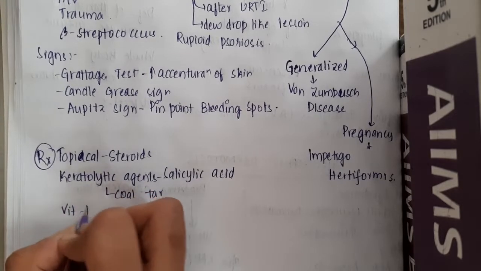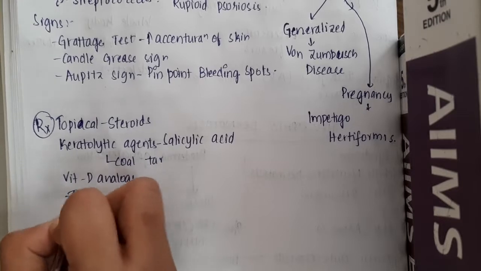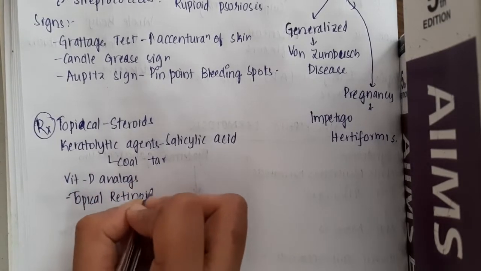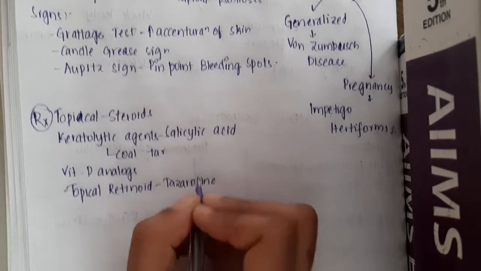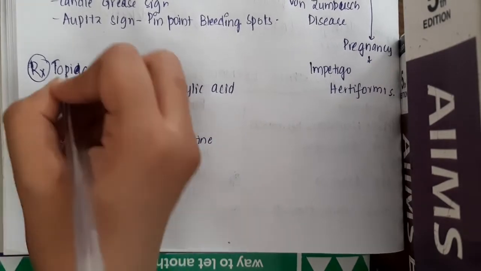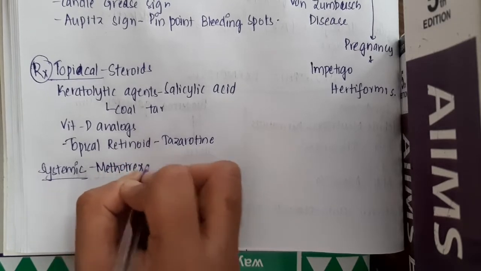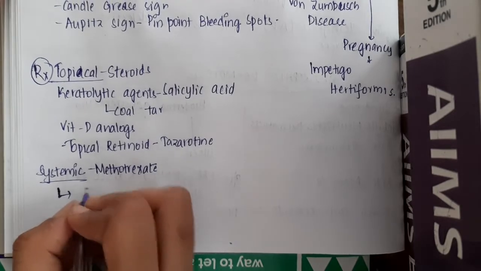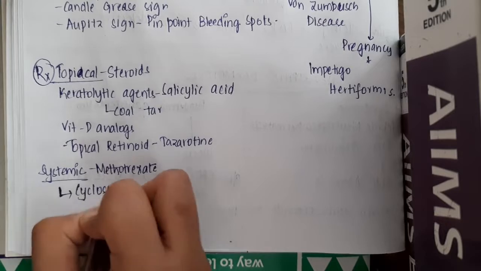Then you can use vitamin D analogs, and we can also use topical retinoids like tazarotene. And you have systemic drugs, like methotrexate, an immunosuppressive drug, but hepatotoxicity and teratogenicity are common side effects.